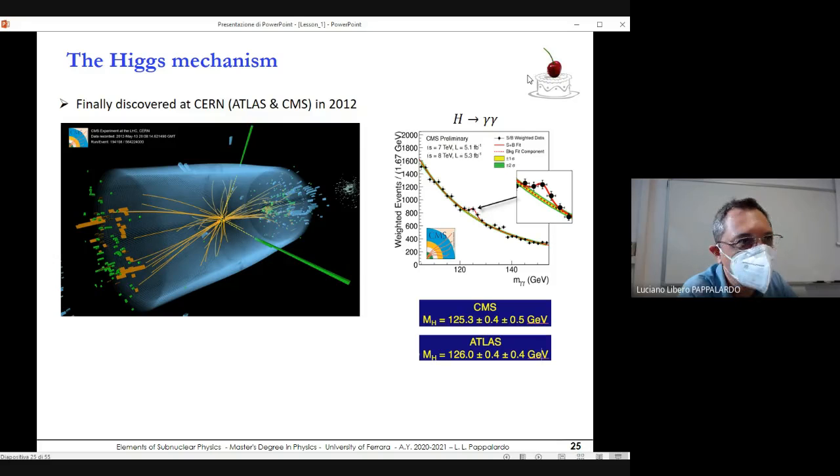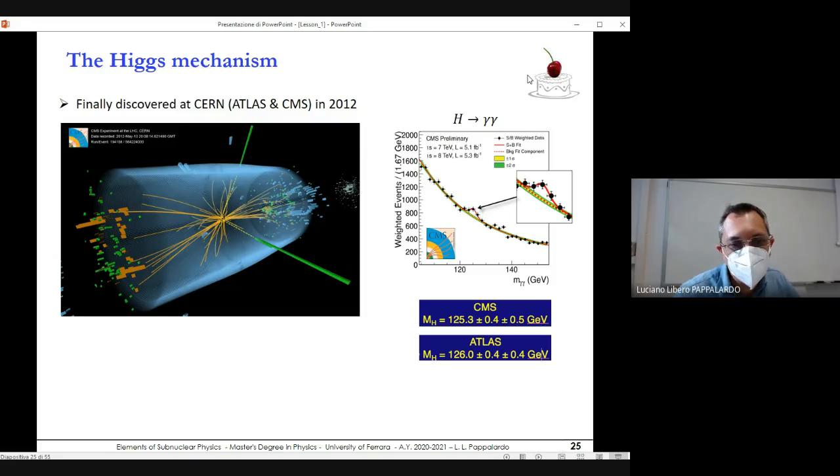was announced in July 2012, at CERN, simultaneously by the ATLAS and the CMS experiments at the Large Hadron Collider. They found sufficient evidence, actually proof, beyond the 5 sigma discovery level, of a new scalar particle, okay, within the expected mass range, the most probable mass range at the time.